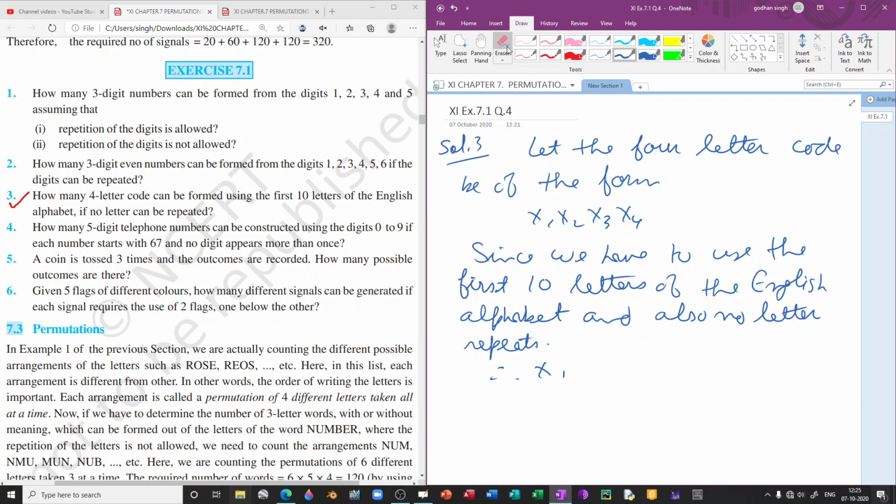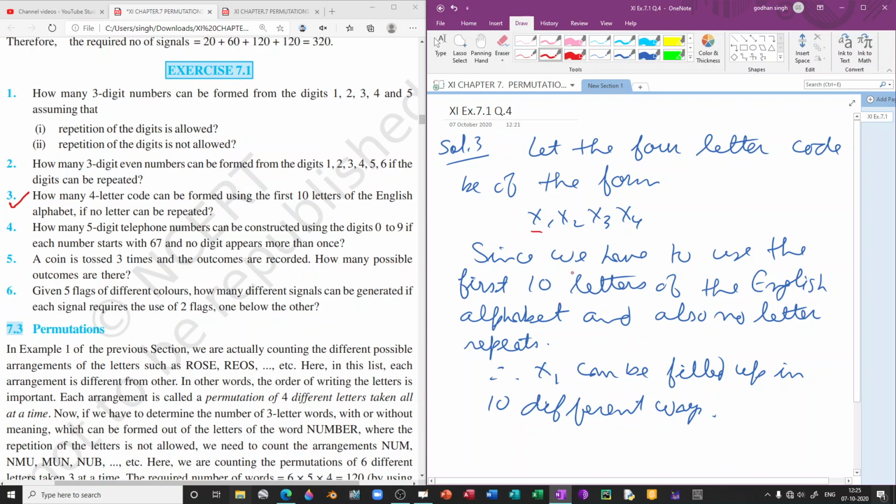X1 can be filled up in 10 different ways. So this x1 we have filled up in 10 different ways.